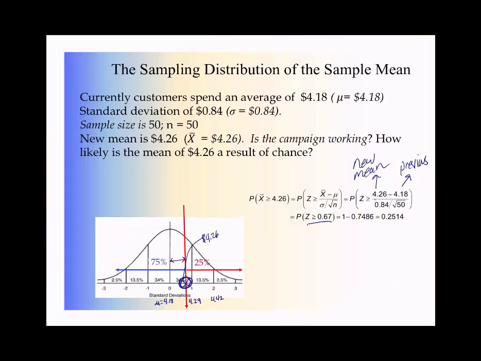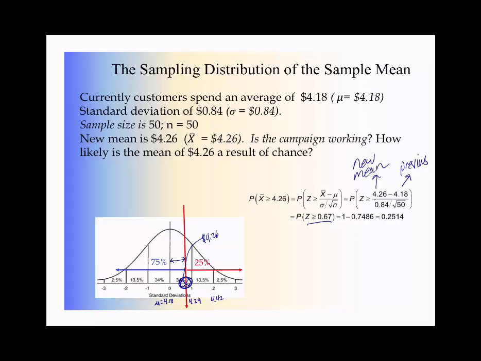So what this tells us is that it is quite possible that in a sample of just 50 customers, Starbucks could have obtained this new mean of $4.26 in error. And actually, we say that there is a 25% chance that we got this new mean in complete error.